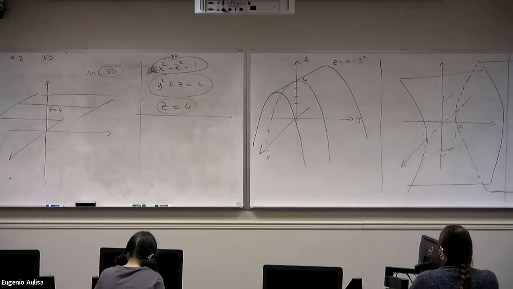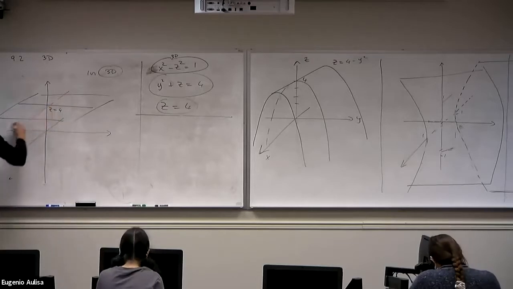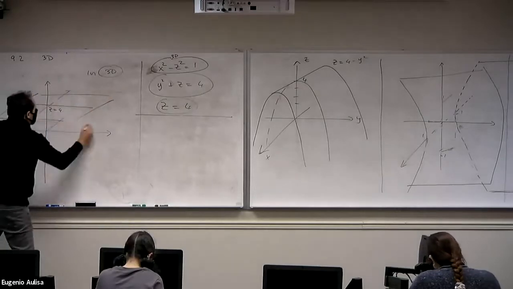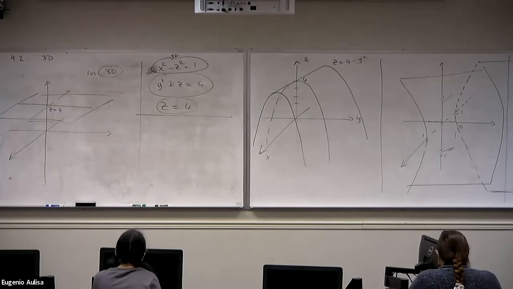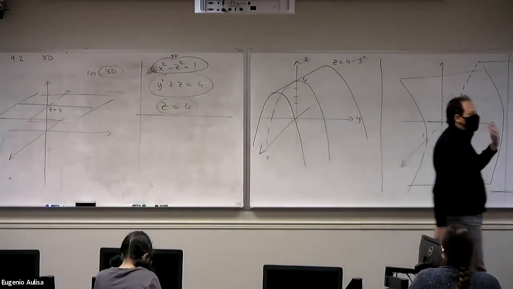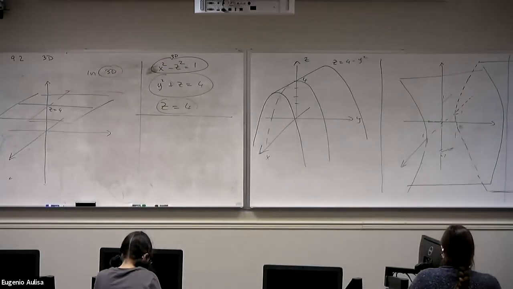Same thing if you consider this a cylinder that evolves parallel to y. In the xz plane, you can fix z equals 4, and then shift this left and right. Same thing, you're going to get your horizontal plane. So all of these equations where one or more variables are missing, we call them cylindrical surfaces.